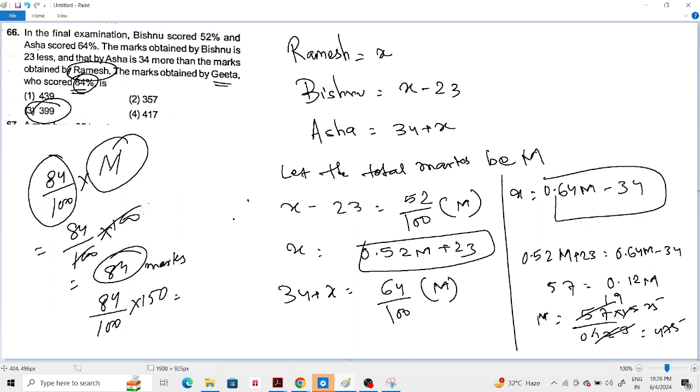So I need to find out the marks out of which this examination is happening, because it is given that Geeta got 84%. Now I don't know that out of how much the paper is being conducted. It might not be 100. So we have to find out the total marks. The total marks is taken as m, and we found the total marks is 475. Now you do 84% of 475.